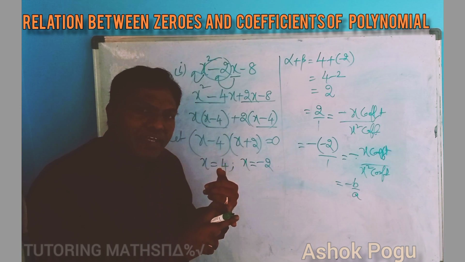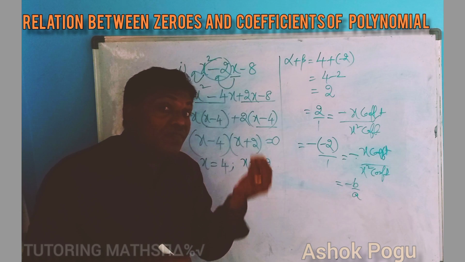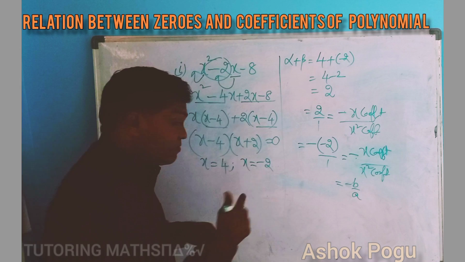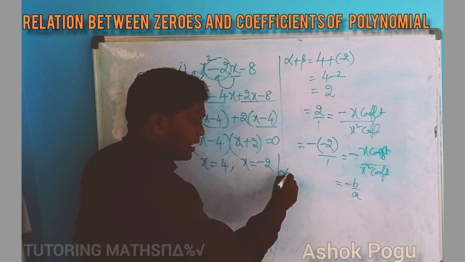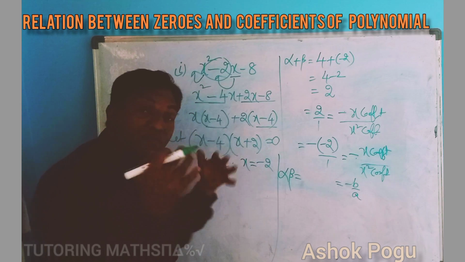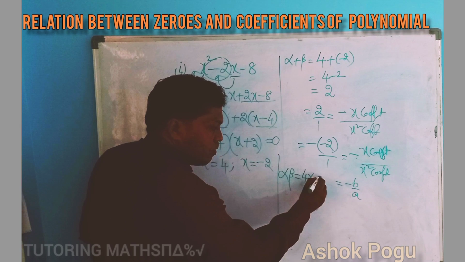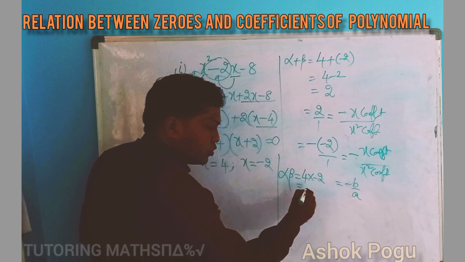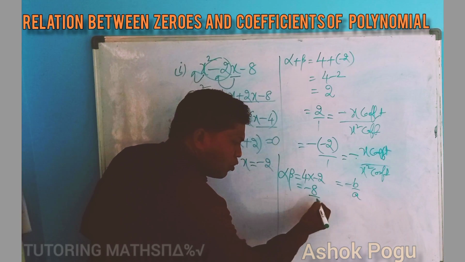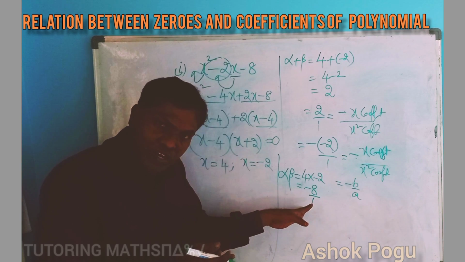In the same manner, we have to verify by using the product of the zeros formula. What is the product of the zeros? Alpha into beta. Multiplication of the two zeros, 4 into minus 2, that is 4 twos are minus 8. There is no fraction, you take it as 1.